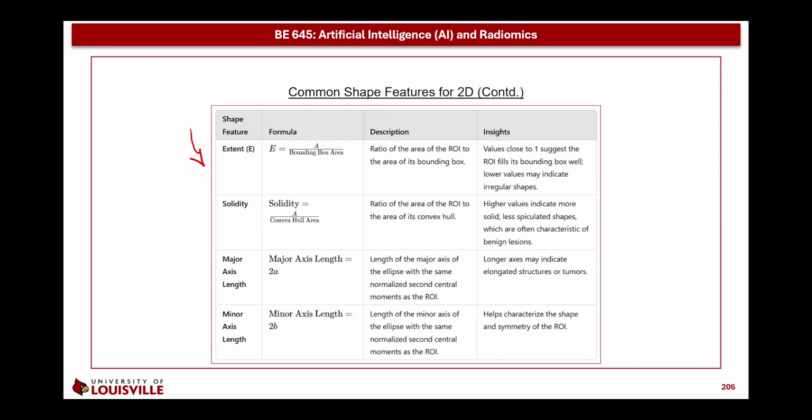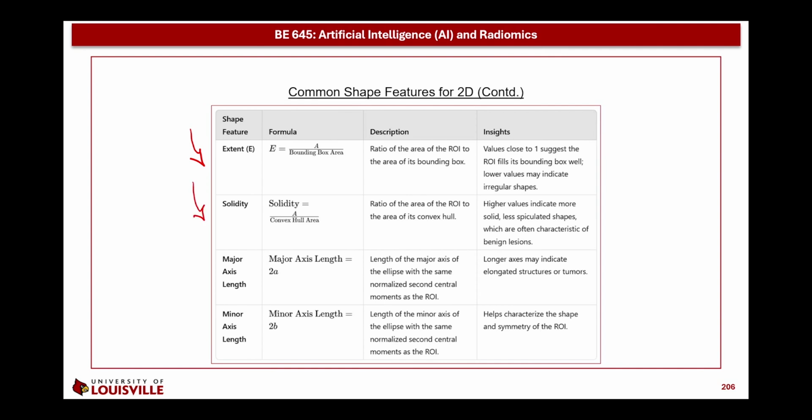So values close to 1 indicate that the ROI fills the corresponding bounding box, because the area will be equal to the bounding box area. And smaller values of the extent will indicate irregular shapes, because in that case the bounding box will be larger than the area.